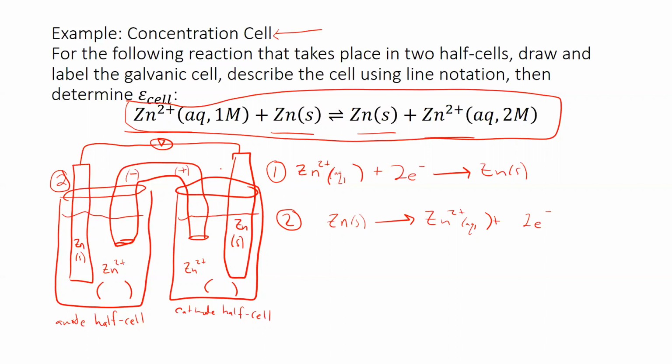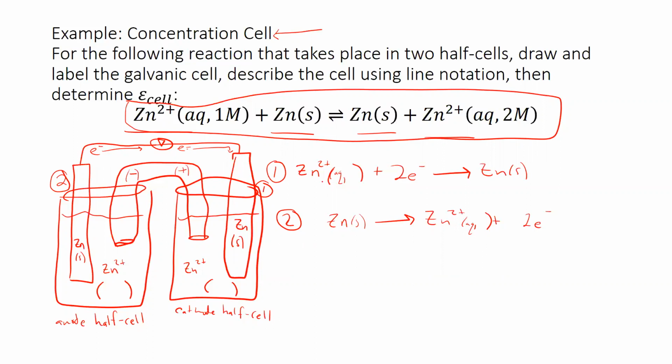And the first equation is the one that occurs on the right, because we know that's where the reduction takes place based on our drawings in the past. Because we have electrons, as usual, going from left to right through this wire. You can draw it the other way, but we tend to draw out these cell diagrams in this direction.